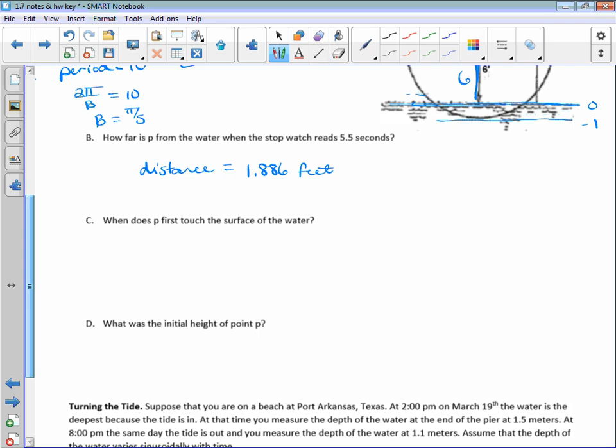Usually it goes 3. On the AP exam, most things they want you to go 3 places, so we'll just practice on that. Are you guys ready for C? Hopefully. Did you get time equals 6.139 seconds?